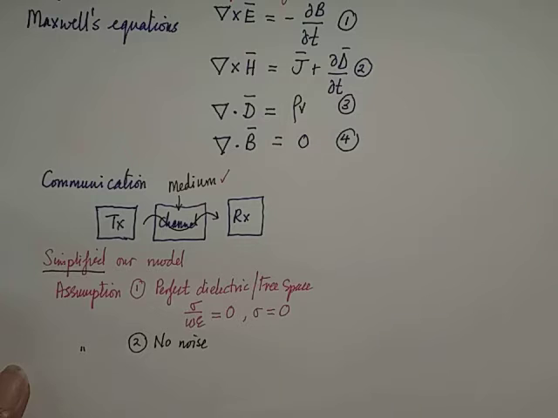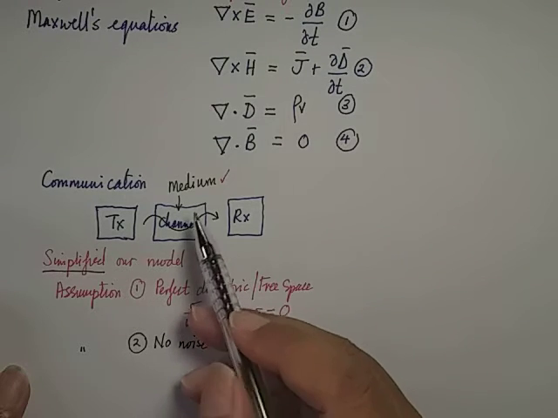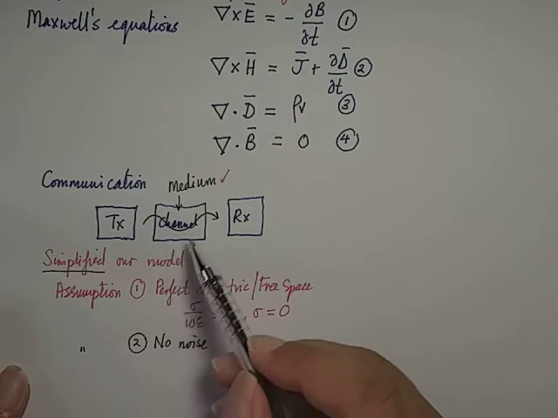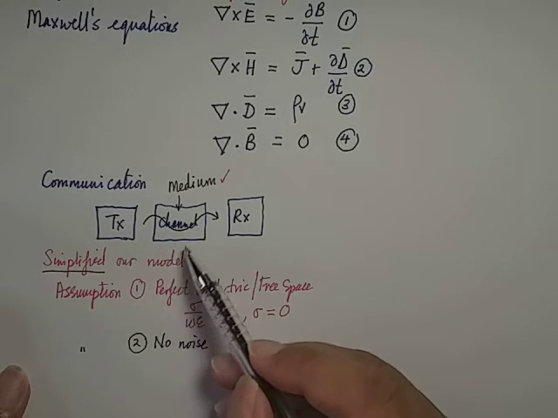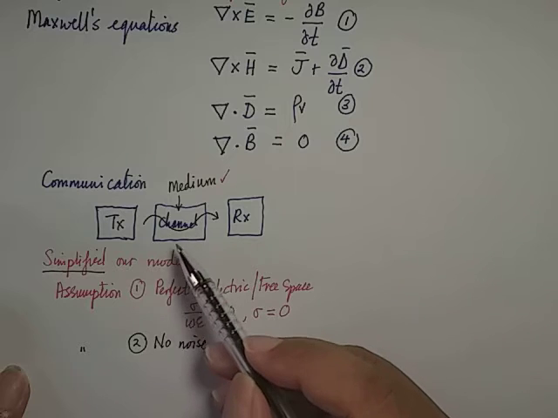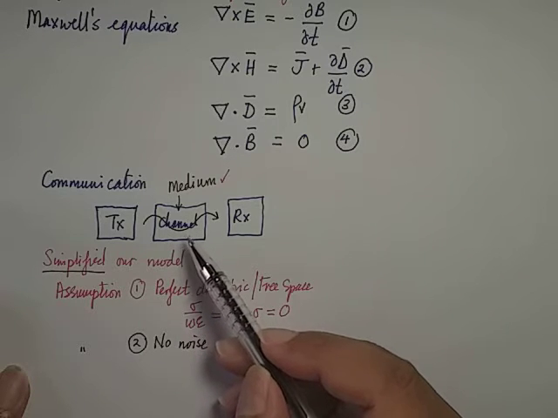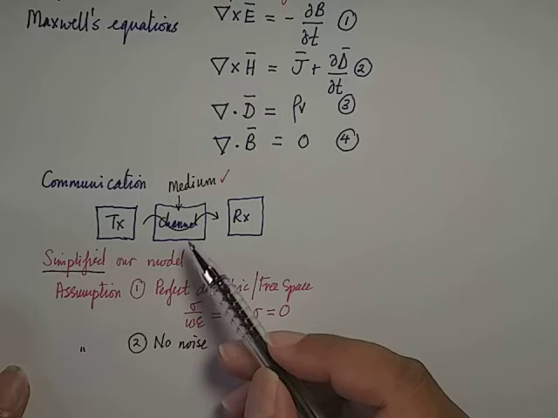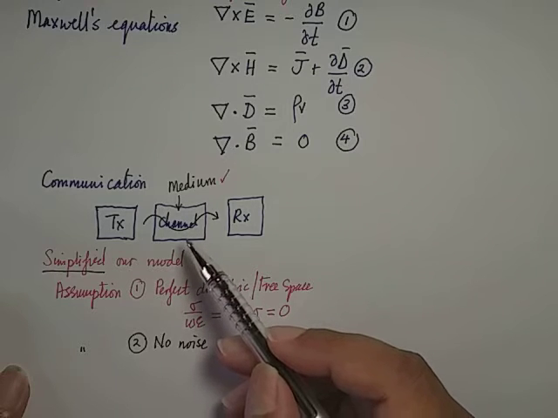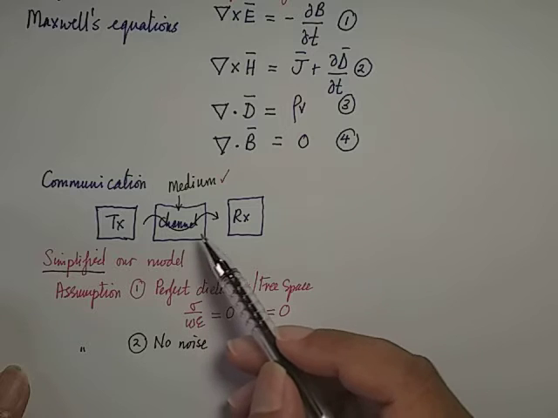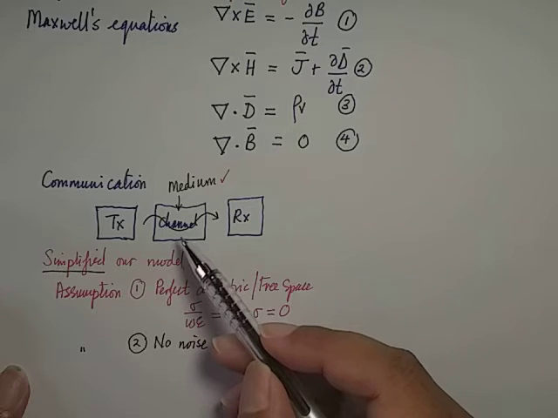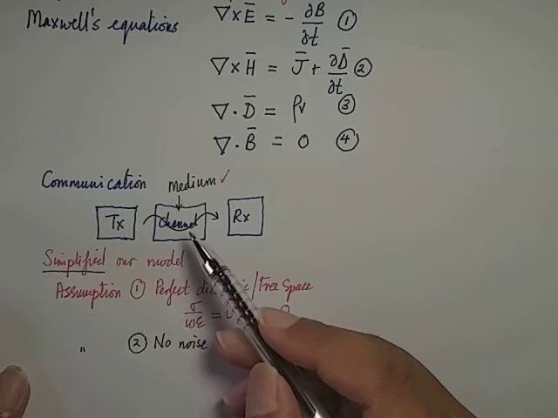Okay, so what is meant by that? The noise actually appears in this channel due to the existence of charge. Usually when you have charge in a channel, that charge will insert a noise known as popcorn noise into the transmitted signal. So we don't want that noise to appear in our model.